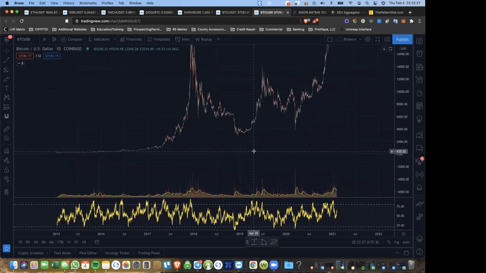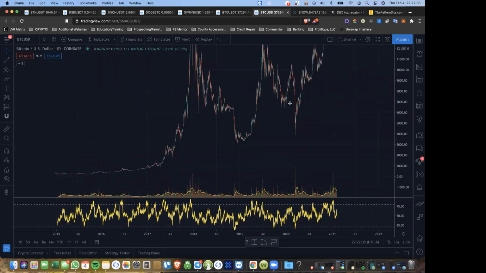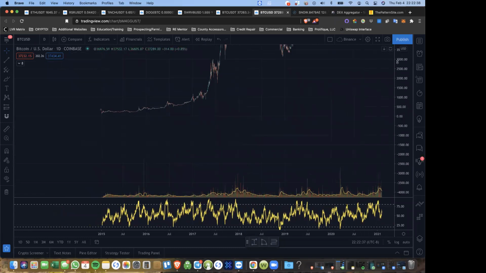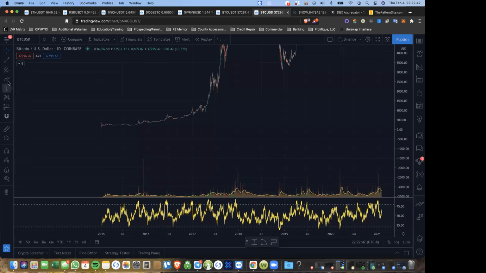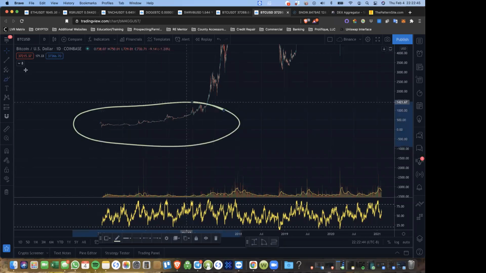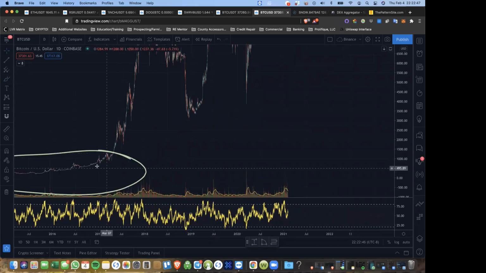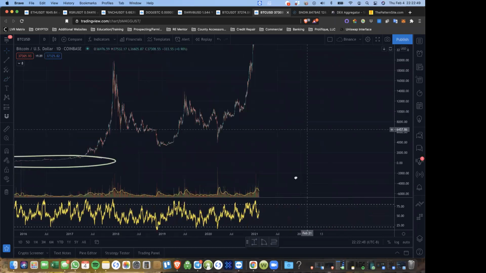If you were in Bitcoin at the time, these little blips on the screen were huge drops. This was catastrophic at the time. Let me show you how big this is. And what's funny, where we're at in the chart is going to look like this in a couple years.